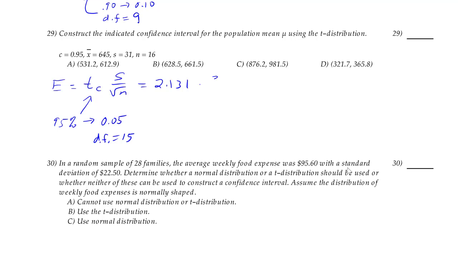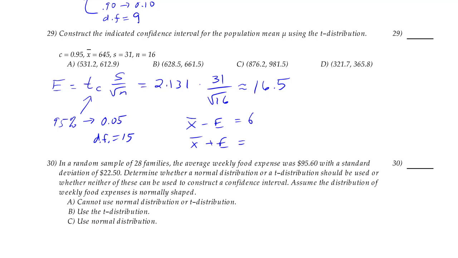Times s, which is 31, over the square root of 16, which gives me about 16.5. So then I'm going to take x bar, subtract E from that, and add E to that. So where's our x bar?